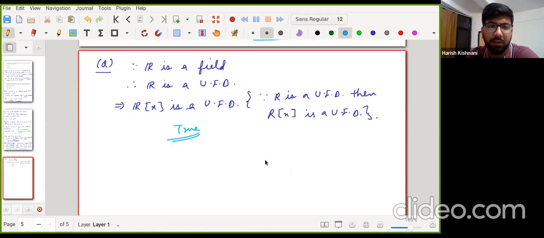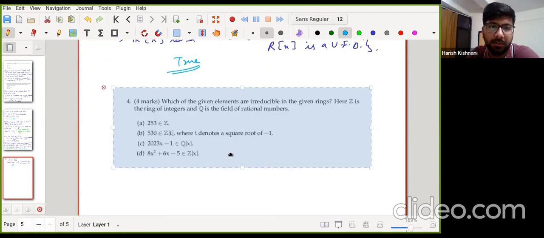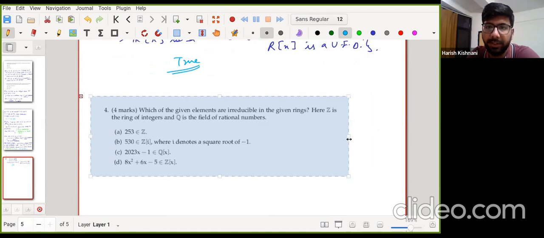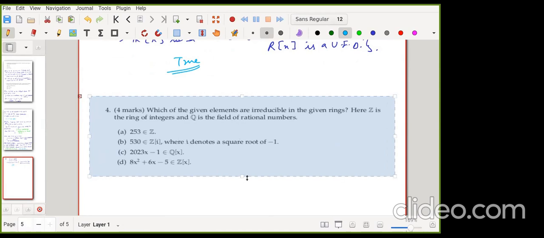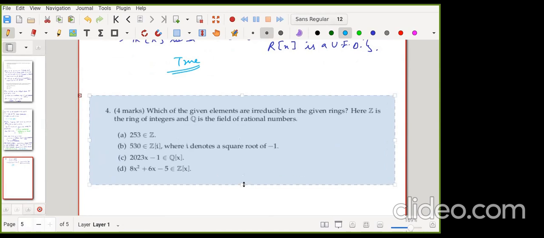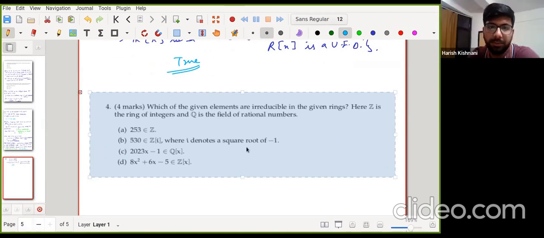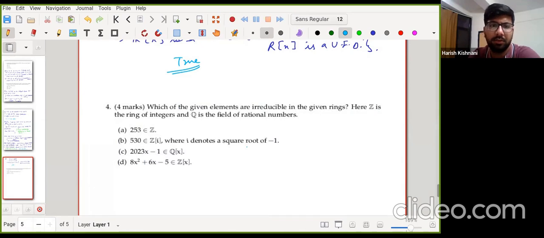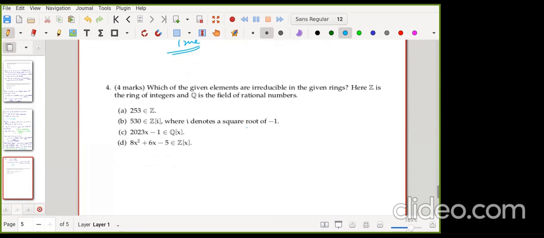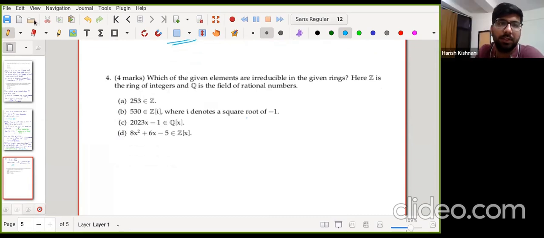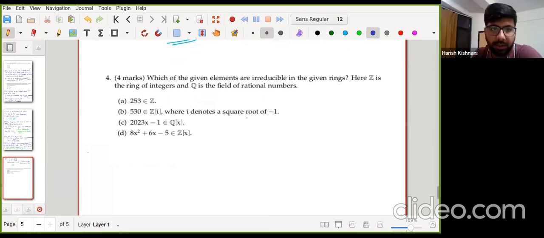Okay, so let me move to the next question, which says, which of the given elements are irreducible in the given rings? Yes, the first two seem to be easy. 253 is a composite number. Yes, it's a composite number, 23 times 11.